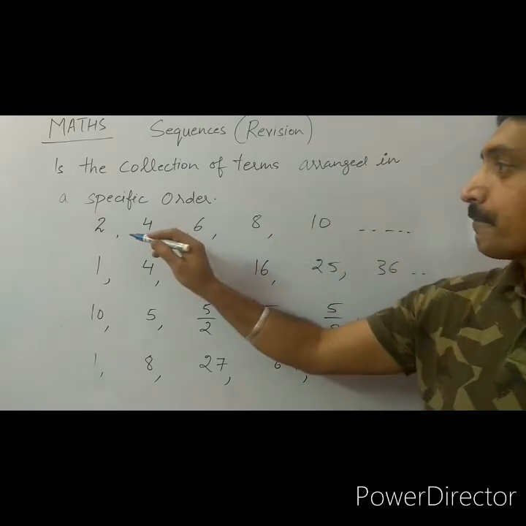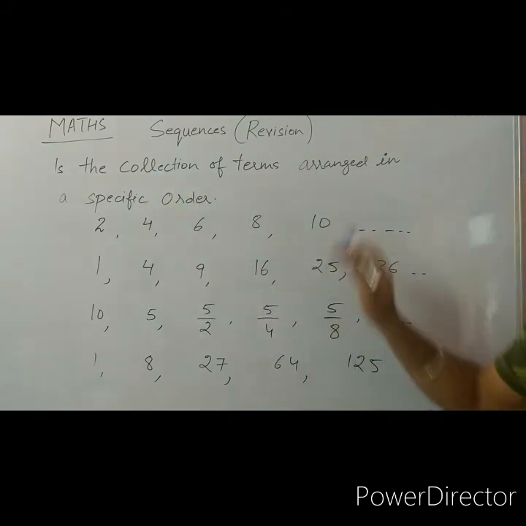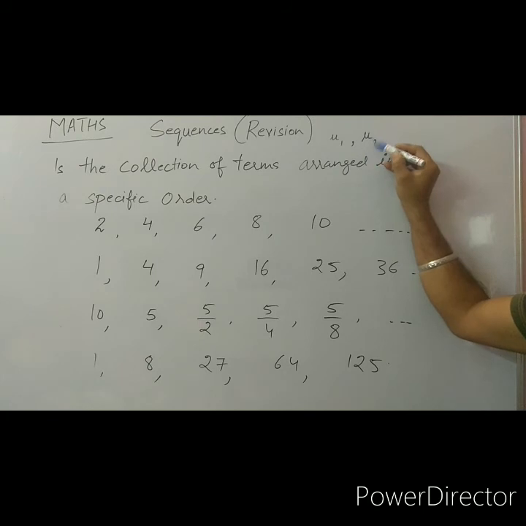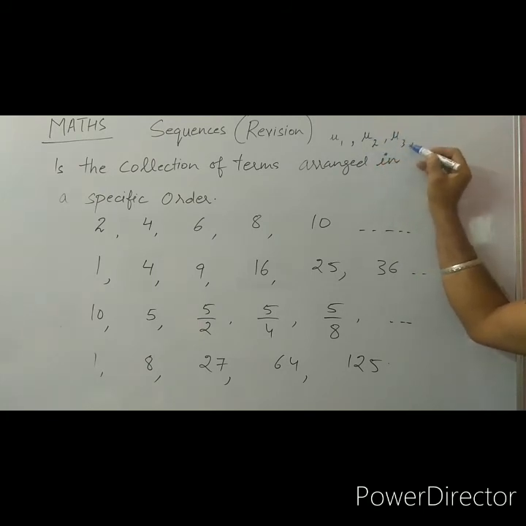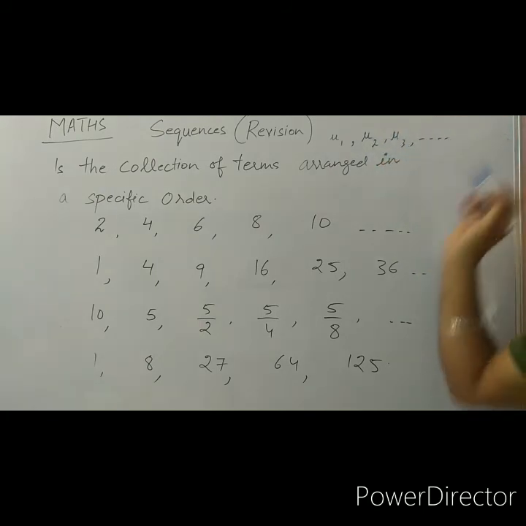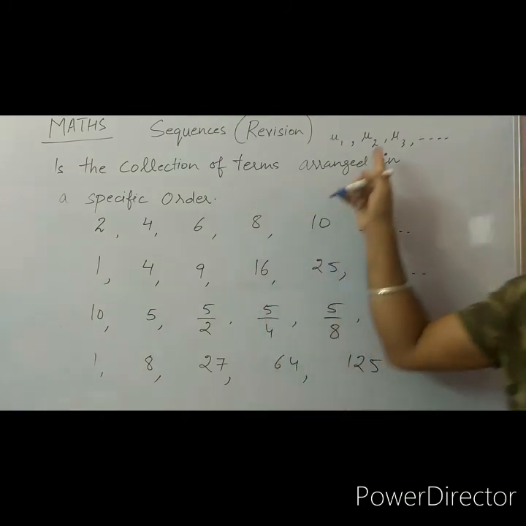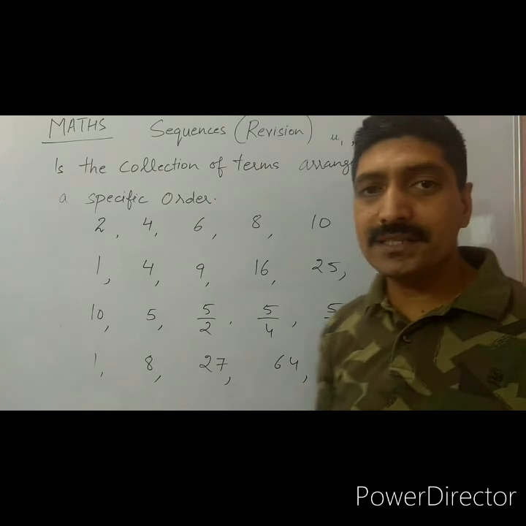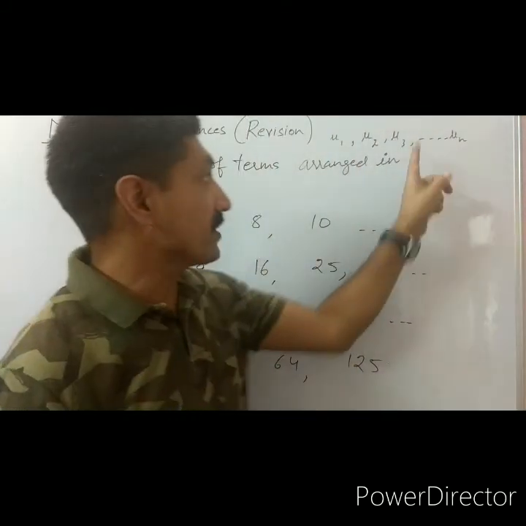In our book, we name the terms U1, U2, U3, U4, and so on, whereas the nth term is Un. Un is the nth term of the sequence.